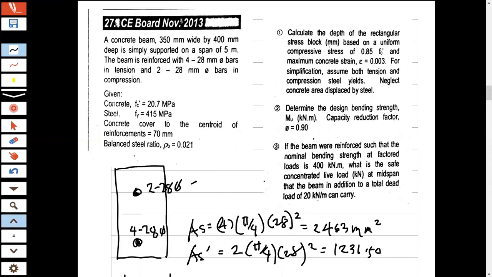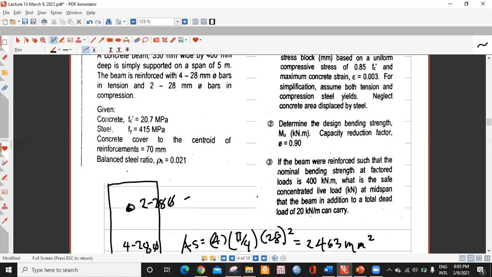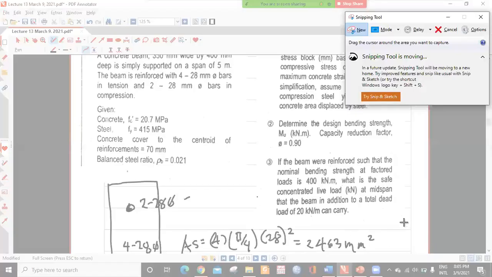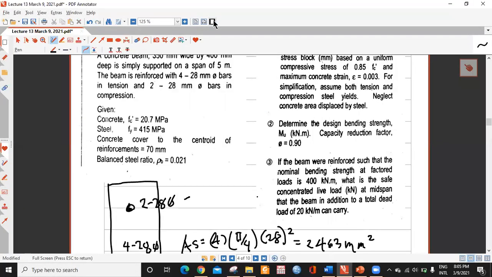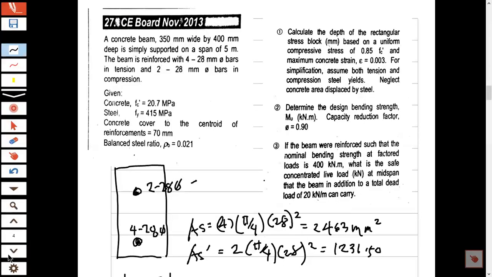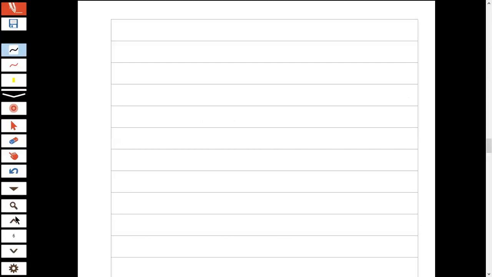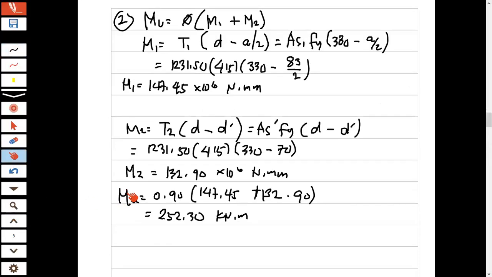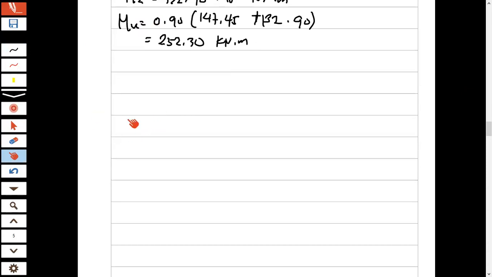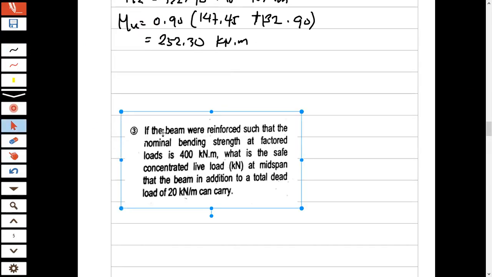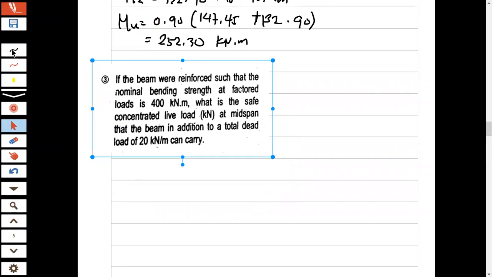What's the last question? Okay, the last question: if the beam were reinforced such that the nominal bending strength at factored loads is 400 kilonewton meter.